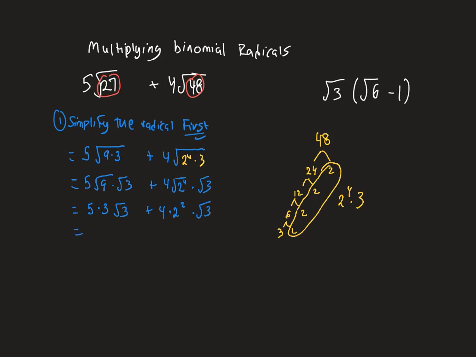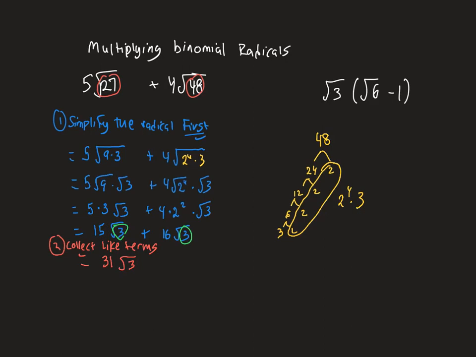Okay, so let's expand this. 5 times 3 is 15. 2 squared is 4, so 4 times 4 is 16, root 3. Uh-oh, look at this. Now, they are both square roots of 3, which means I can now actually add them together. So 15 plus 16, that's going to give you 31 root 3.